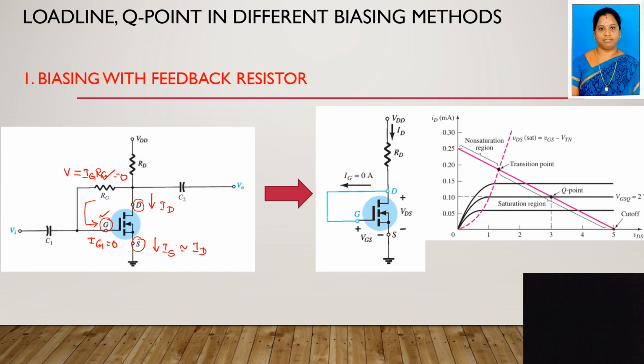For example, if you want to use the MOSFET for amplification, we have to bias the transistor in the saturation region. This is the biggest thing you have to know. A BJT we have to operate in the active or linear region to act as an amplifier, but in the case of MOSFET, we have to operate it in the saturation region for amplification.